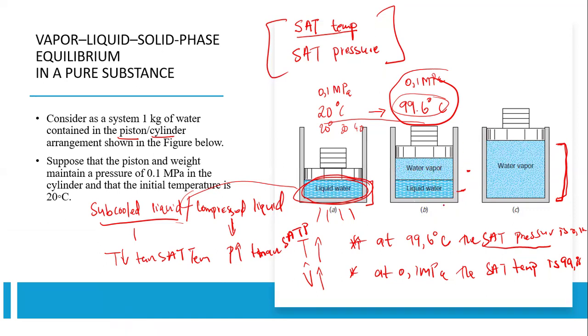We say this pure substance inside of this system, where it reaches this part and this part, we say its quality, listen to me, its quality is the ratio of the mass of vapor to the total mass inside of the system.